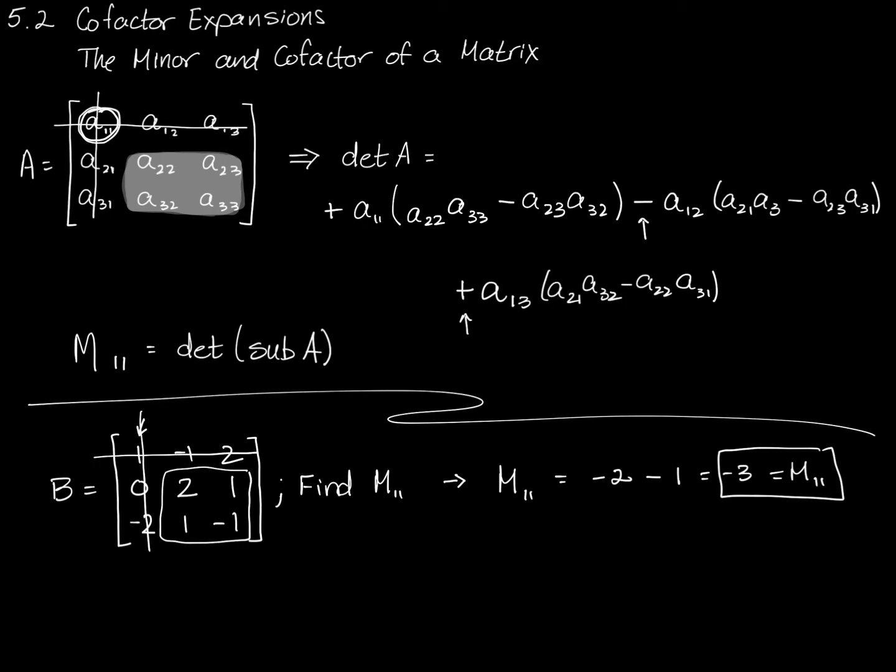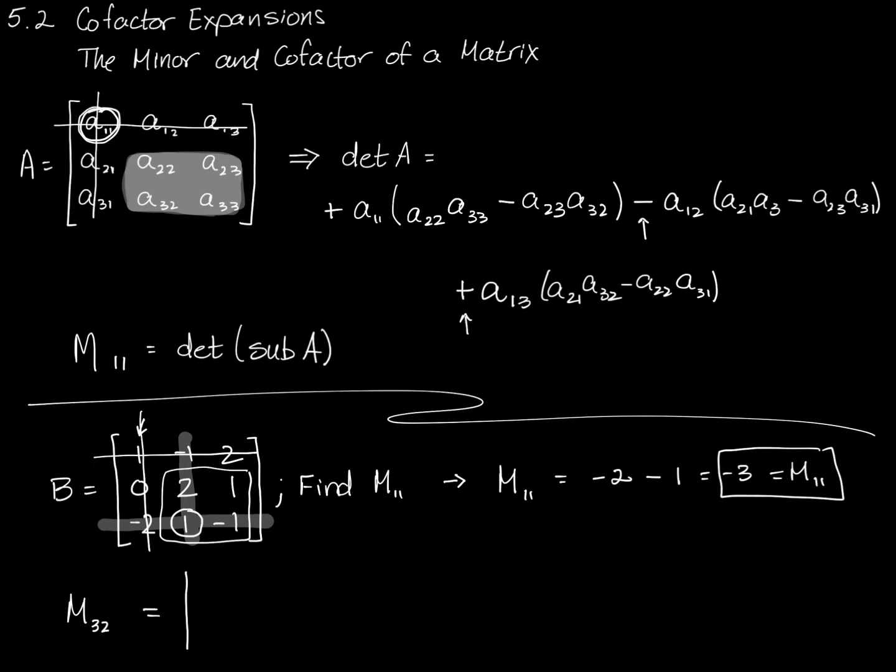We could, for example, find for matrix B the minor M32. That means find the minor of the entry that is in row 3, column 2. So we're looking for the minor of this entry, and that's equal to the determinant of, let me use a different color and I'll highlight here.